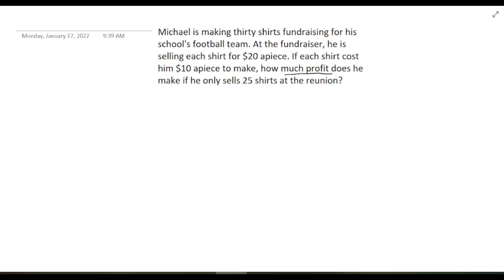How much profit? So we have to find out two pieces of information. One is how much money is it going to cost him to make the 30 shirts? Because that's our first given information. And how much profit does he take home if he sells 25 shirts?